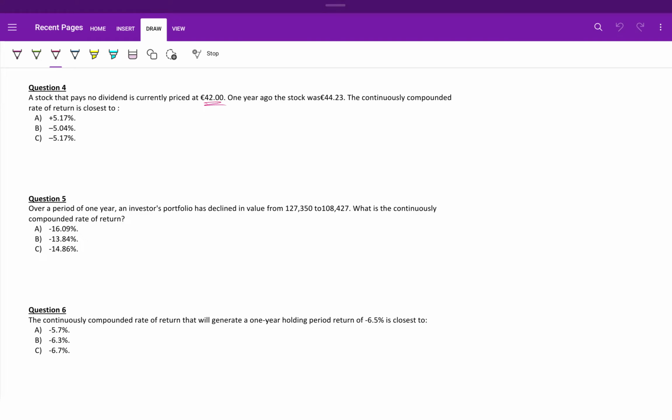One year ago, the stock was 44.23, and the continuously compounded rate of return is closest to what? We just discussed this kind of question in our example. Simply, continuous compounding is the log of closing over opening, and you can use the calculator function to solve it.